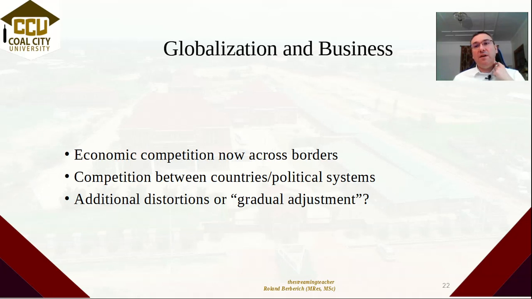Now, what this has led to, and what Western countries have only realized over the last 2 or 3 years, is that this equation and free trade also leads to a competition between countries and political systems. Currently, the Western world versus the world view of the East, in particular the Chinese political system.